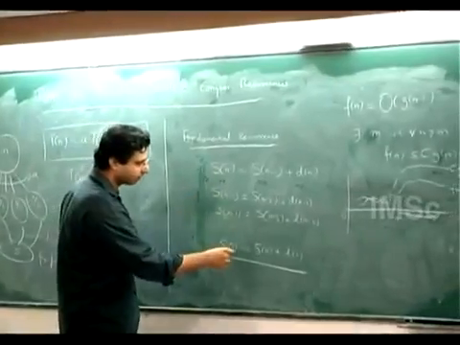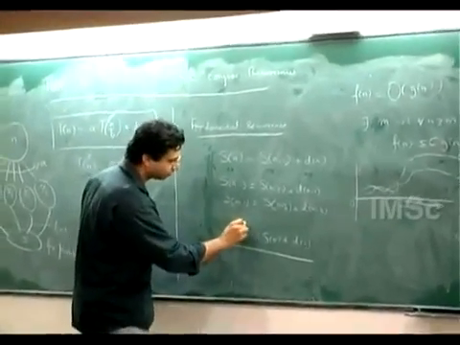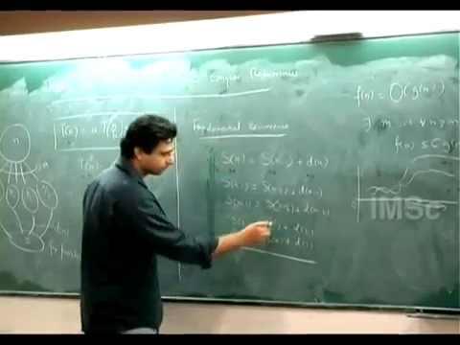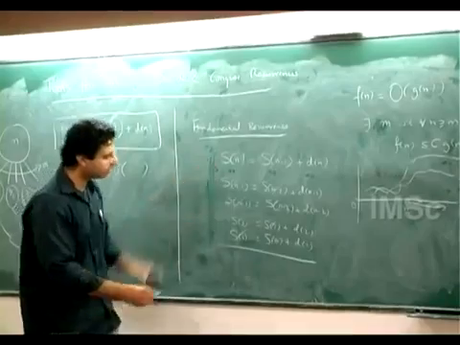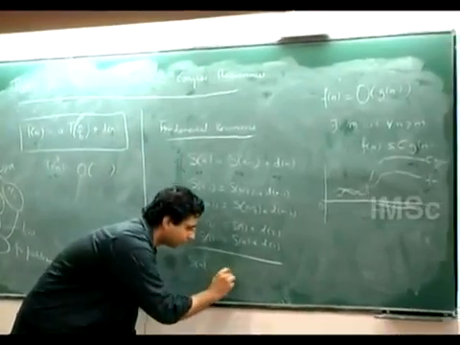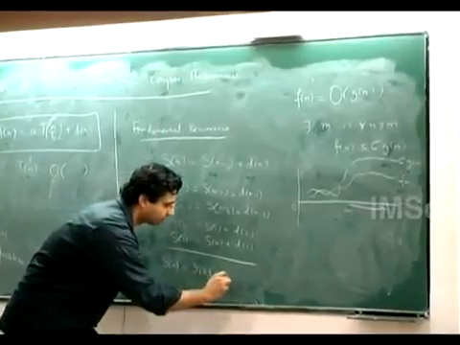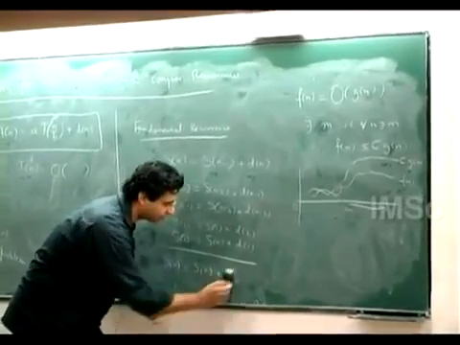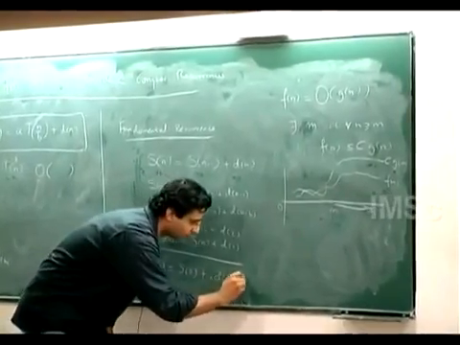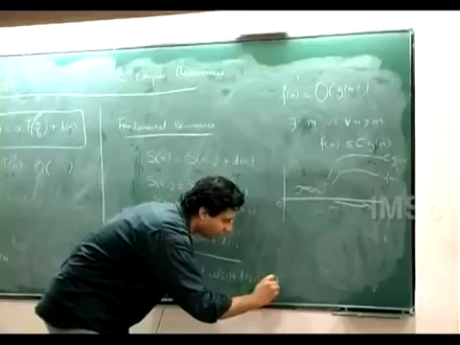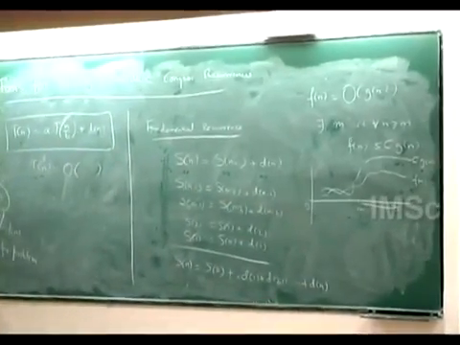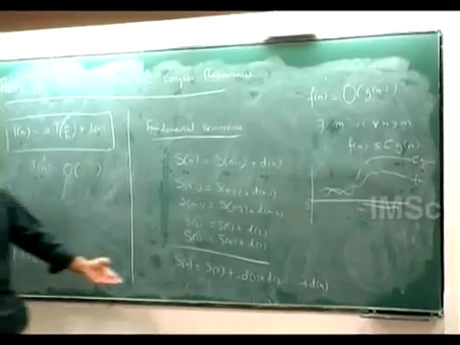So let's say S2 would be S1 plus D2. So S1, S1 cancel out. What I get is Sn is the last term S0 plus the summation D1 plus D2 plus up to Dn.